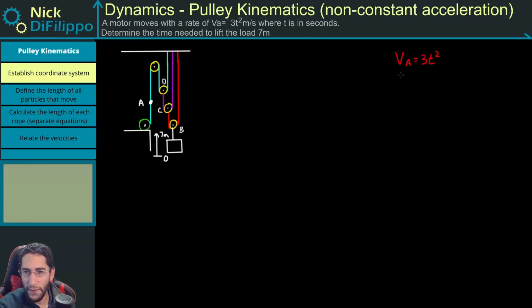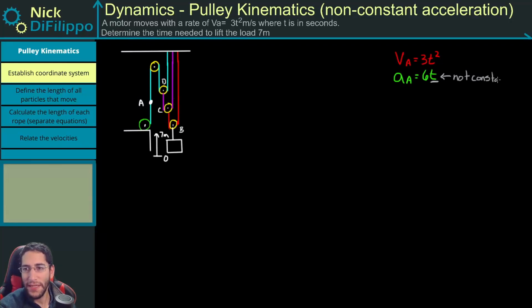And if we differentiate our velocity with respect to time, we get my acceleration of A is equal to 6t. And in fact, what it turns out is that my acceleration is a function of time. It's not constant.